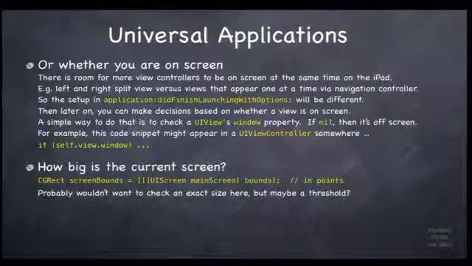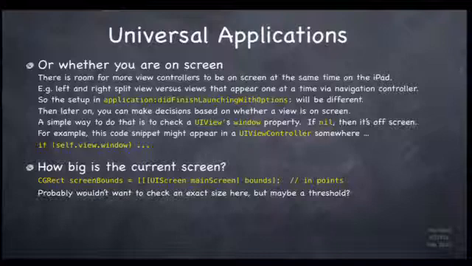So you want to use this method, UIScreen mainScreen bounds. It returns a rectangle of your screen's bounds in points. You probably wouldn't want to check if it's exactly a certain number, but you might say if I have more than 1 million pixels, then I'll do this. If it's more than 2 million, I might do that. Make a decision based on that.